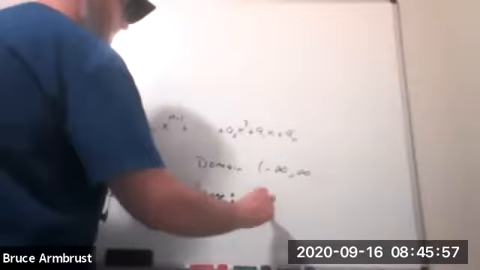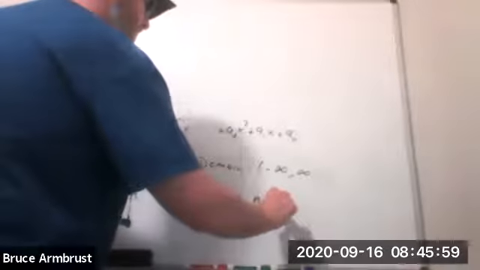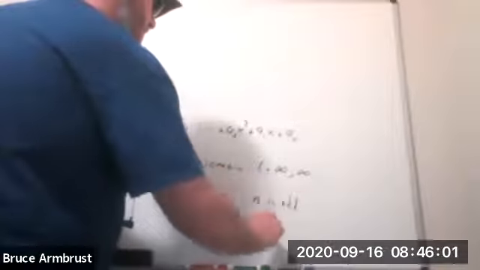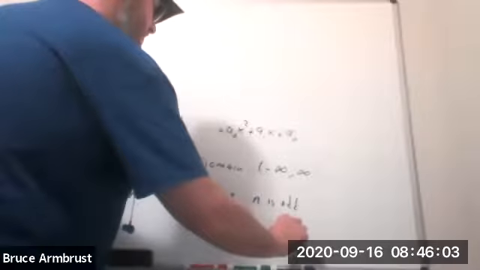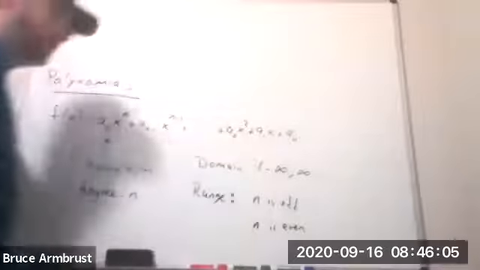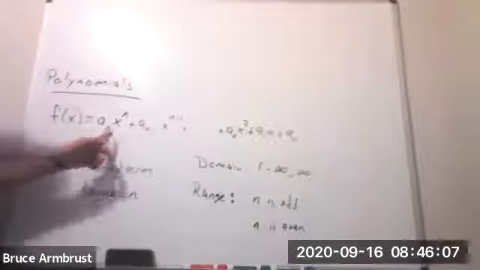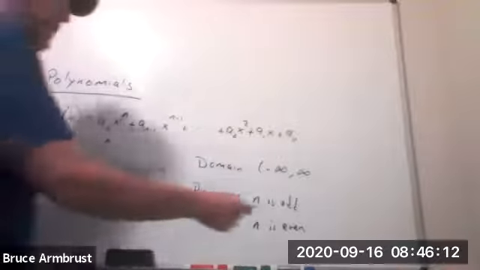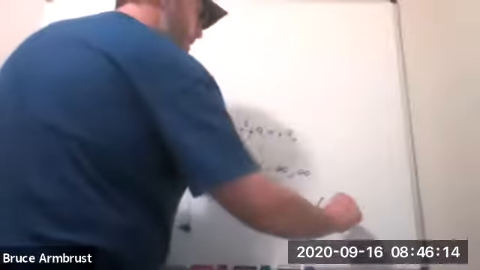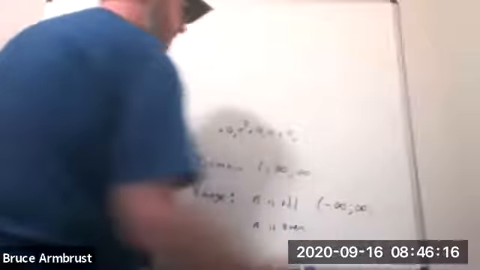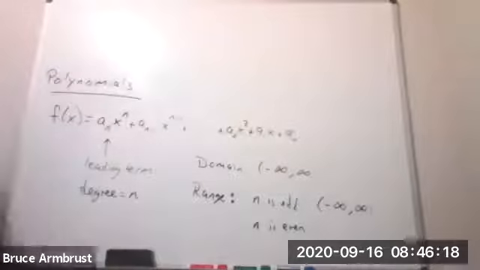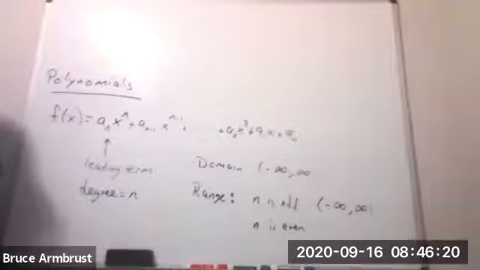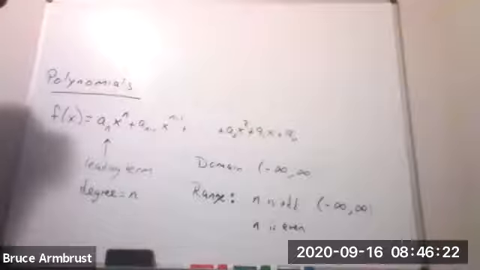So the first case is if n is odd, and the other case is if n is even. So whether it's an odd degree polynomial or an even degree polynomial. If it's odd, the range is also all real numbers. So you can get anything out if it's an odd degree polynomial.